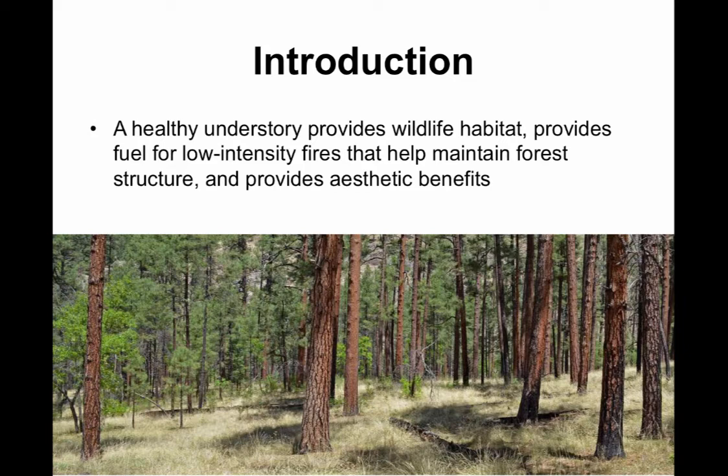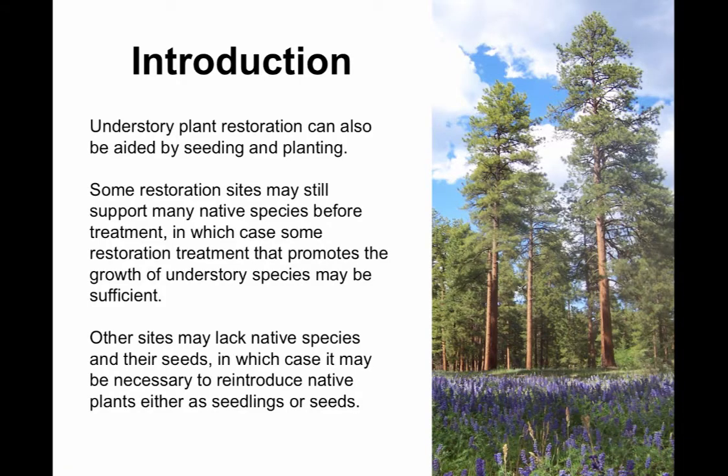So really focusing on this regeneration layer, how we augment that with seeding efforts, or planting, or using our restoration treatments to help natural regeneration, are all going to be really important considerations of our restoration project.